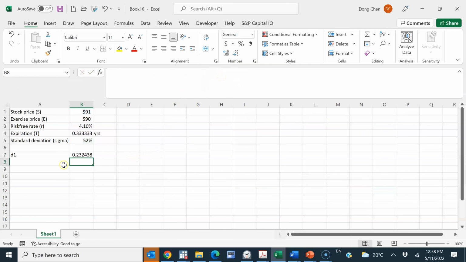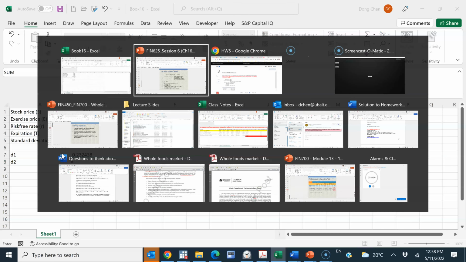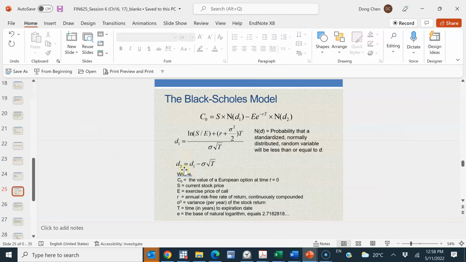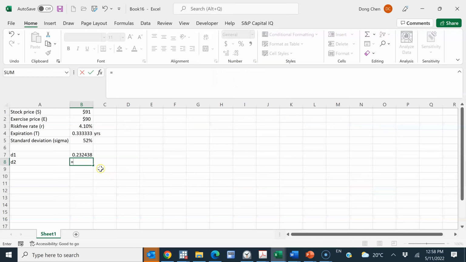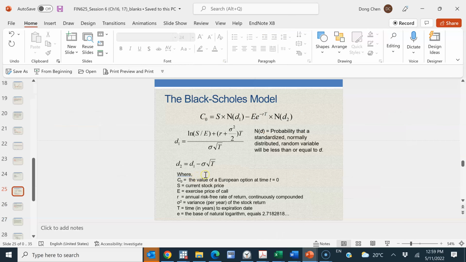So this gives us D1. And we can further calculate D2, right? D2 is right here. D2 equals D1 minus sigma times square root of capital T. So this is basically D2.